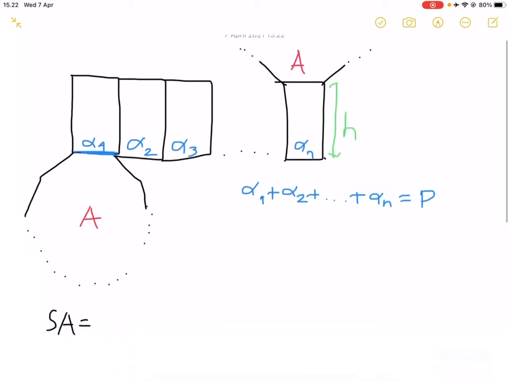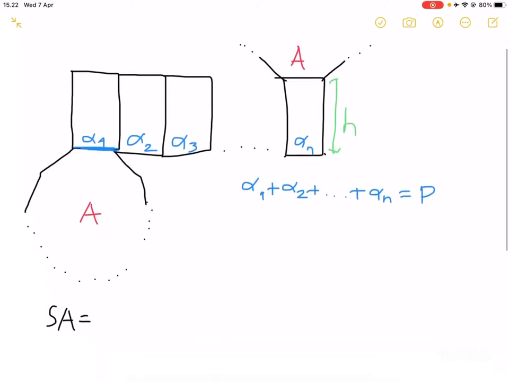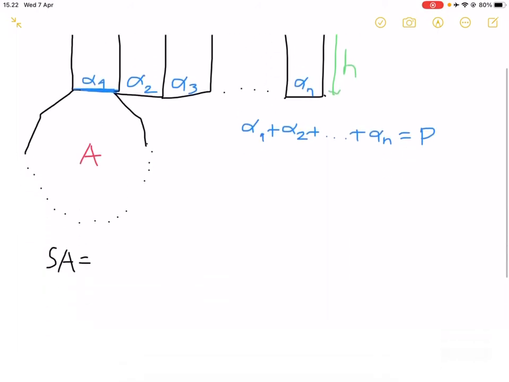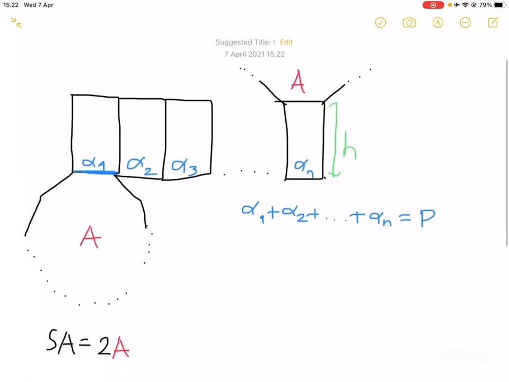we can summarize the surface area as the area of all of these polygons and rectangles, which will be 2a. Now why 2a? Because we have two identical copies of these polygons here, one on the bottom and one on the top.